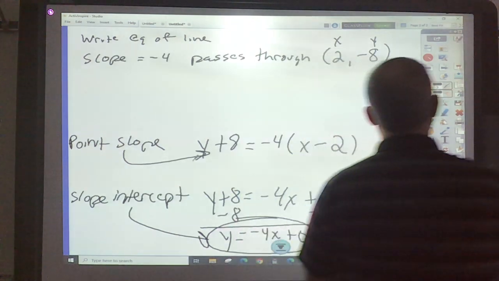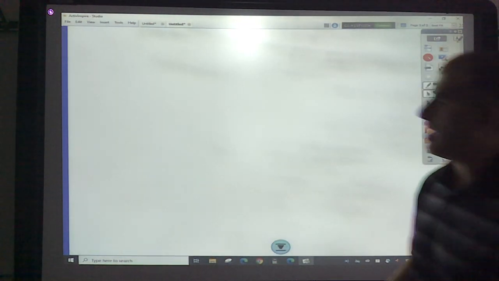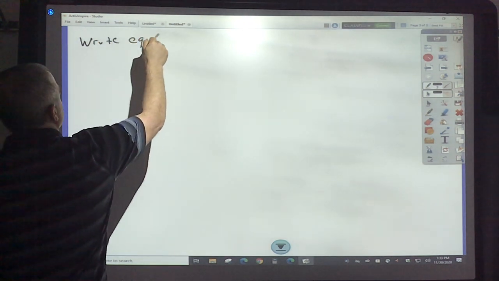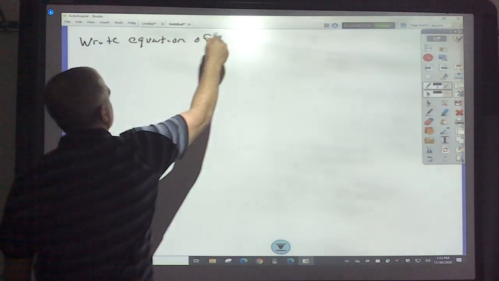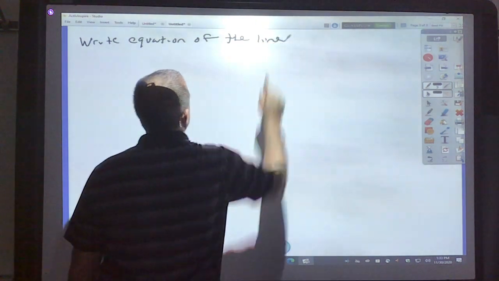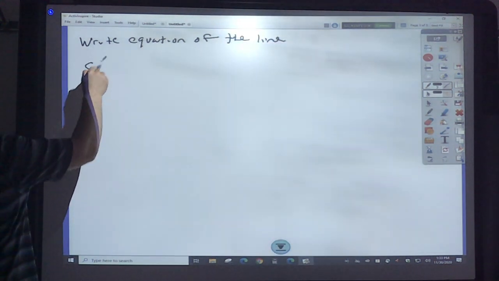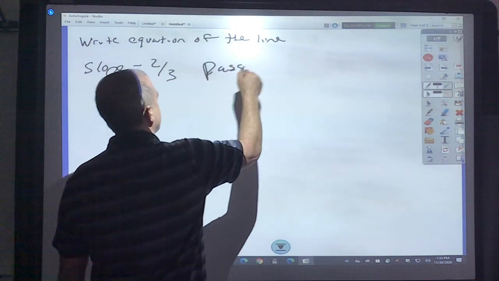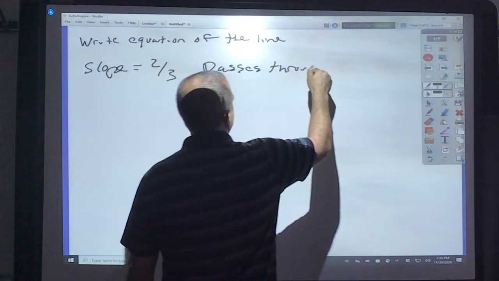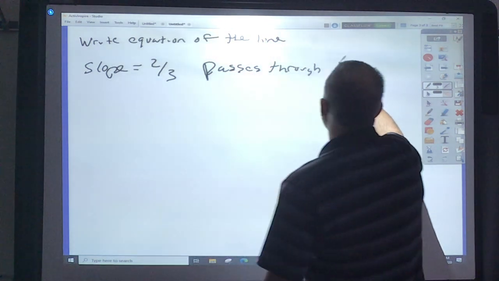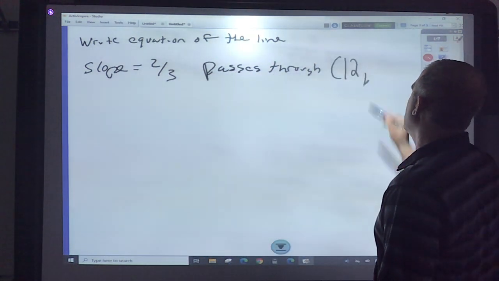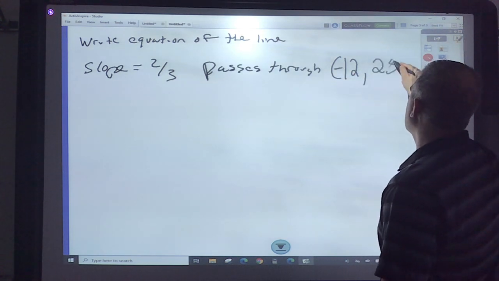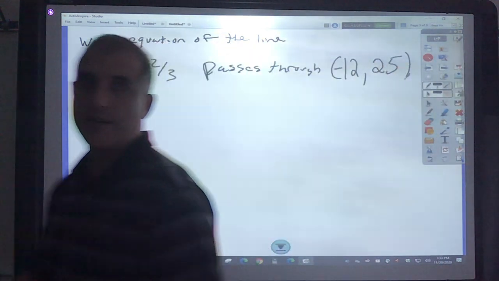Let's do another one together. Let's say we had to write the equation of the line where the slope is 2/3 and it passes through, let's say, (12, -25).